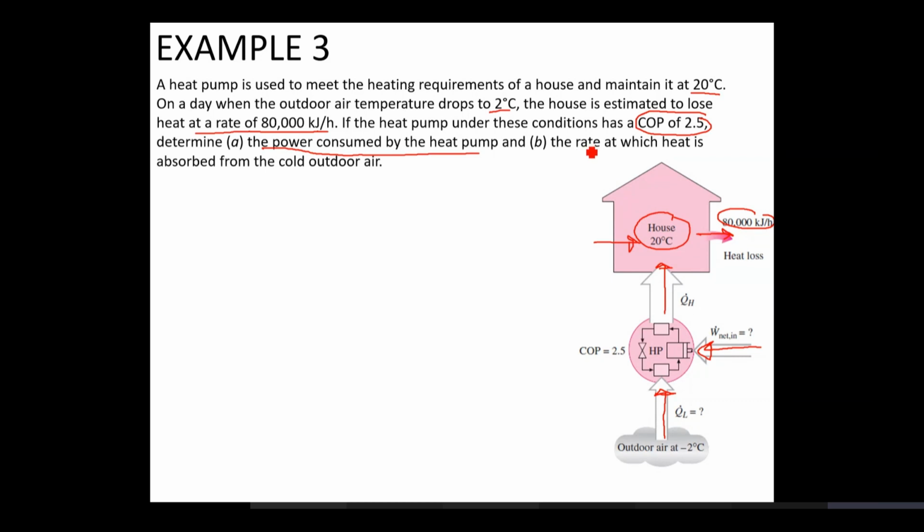Now, there are two things to be determined: the rate at which heat is absorbed from the colder outdoor air, this is QL, and the work net into the system. Do you have any information or any understanding of how you would find out these two terms?